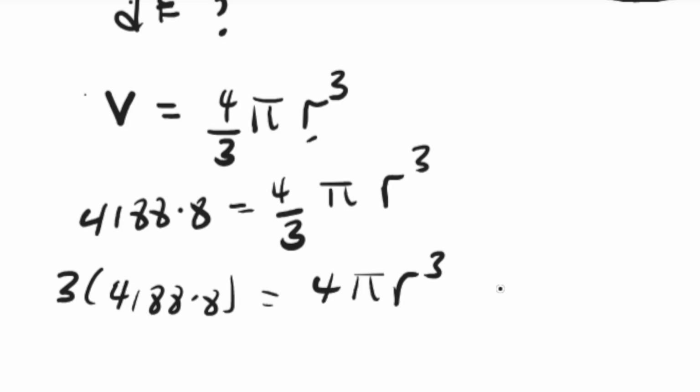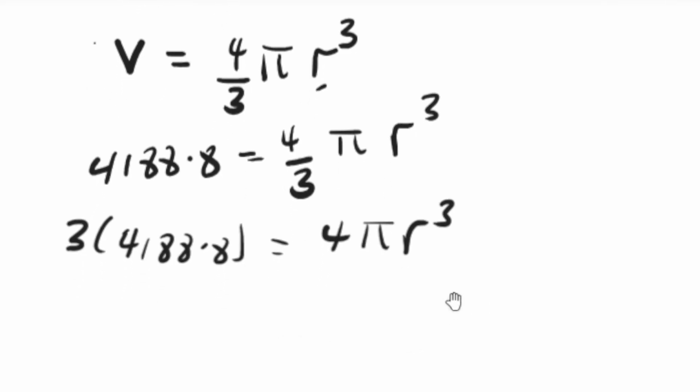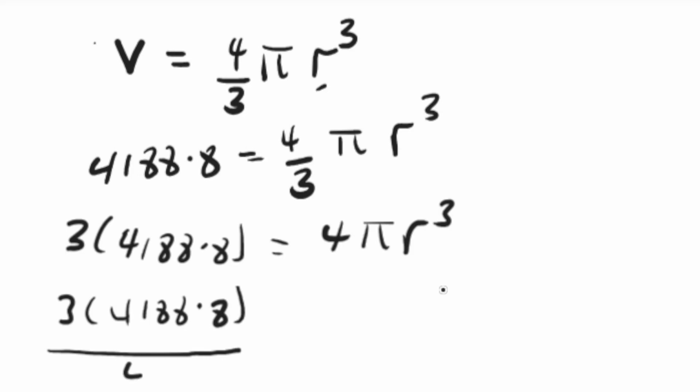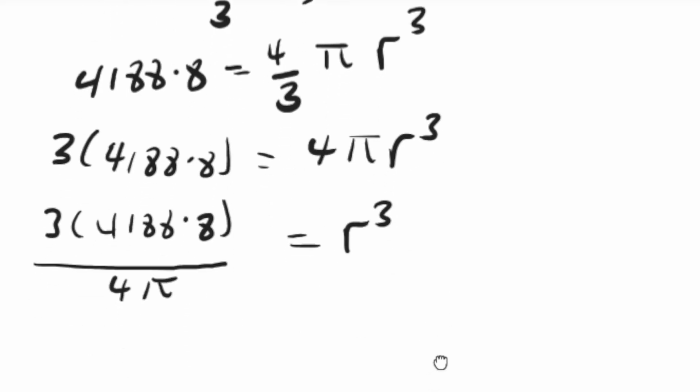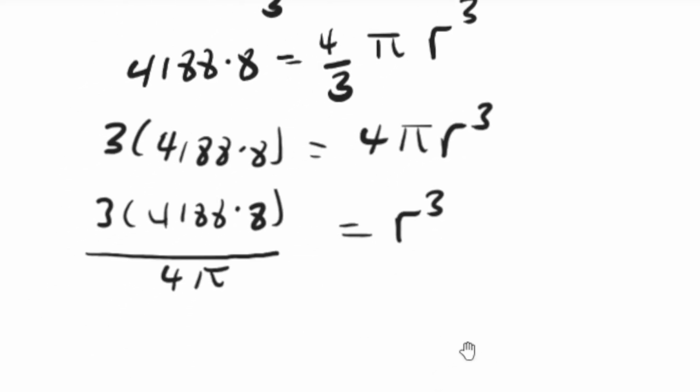In algebra, you divide through by 4 pi. So you're going to get 3 times 4188.8 divided by 4 pi is equal to r cubed. With this one, we're just working with the calculator. If I put all of this in the calculator, I'm going to get approximately 1000.